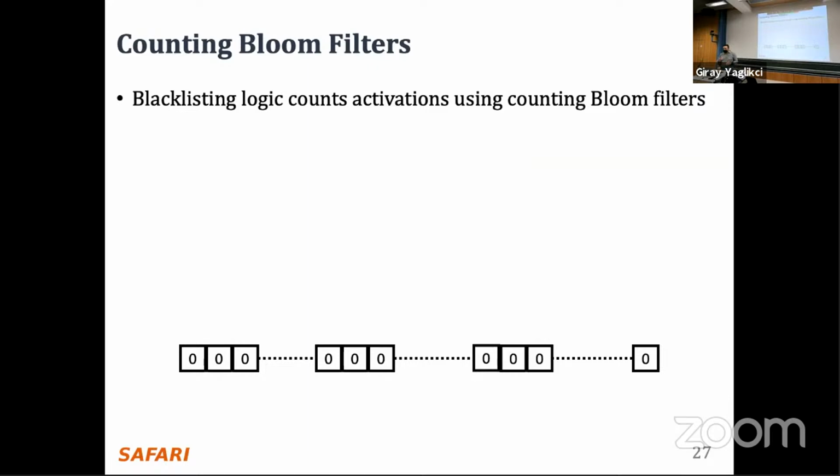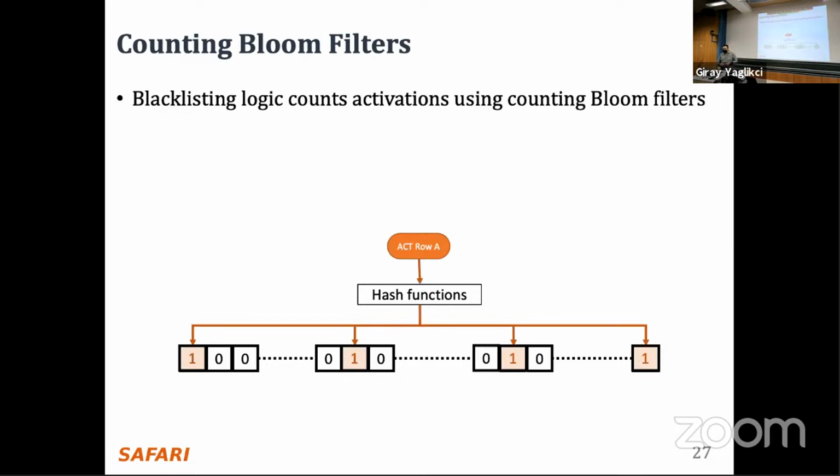A counting Bloom filter is essentially an array of counters, and we address these counters using hash functions. When a row A is activated, its row ID is provided to a set of hash functions that evaluate a set of indices to the counter array, and each of them is incremented by 1.